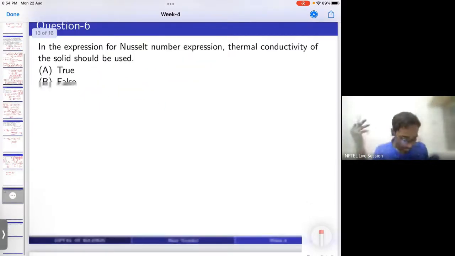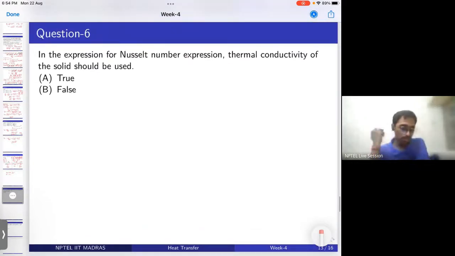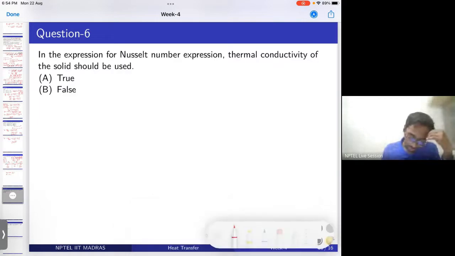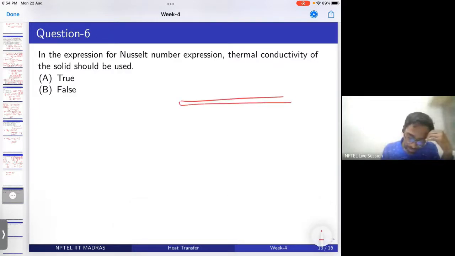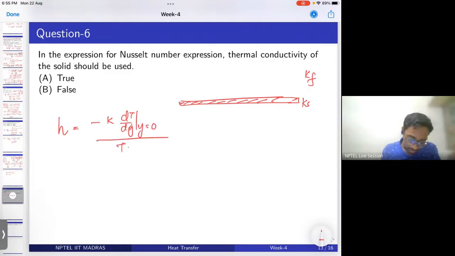The next question is: in the expression of the Nusselt number, should the thermal conductivity of the solid be used? Here I'm taking the case of flow over a flat plate, similar to my first question. I first write the expression as minus k dT by dy at y equal to 0, divided by Ts minus T infinity.